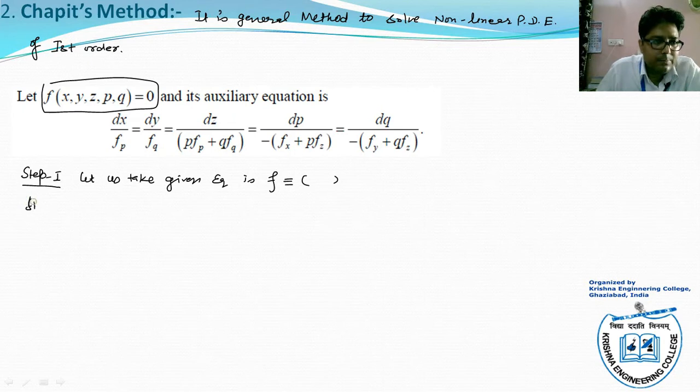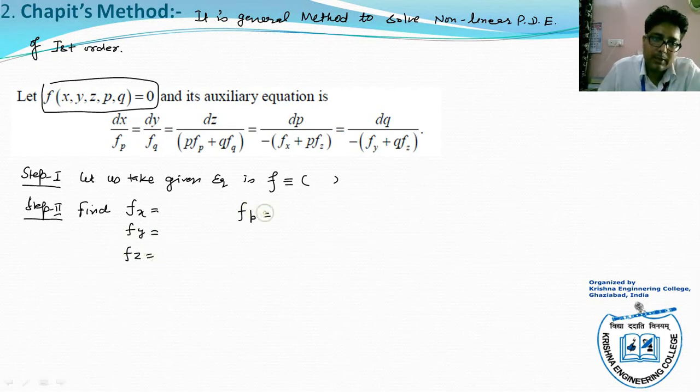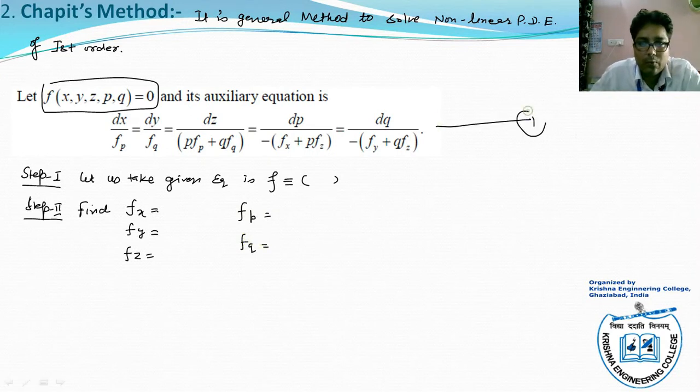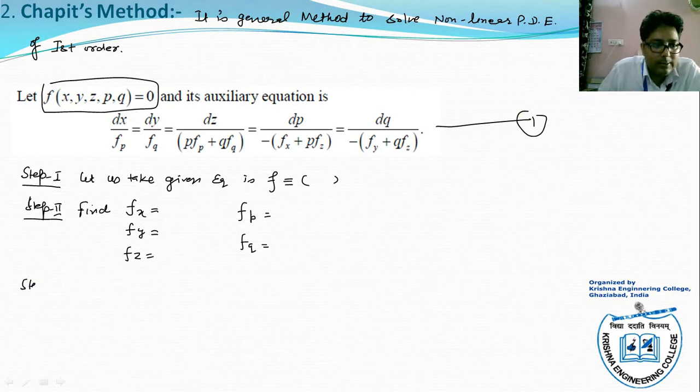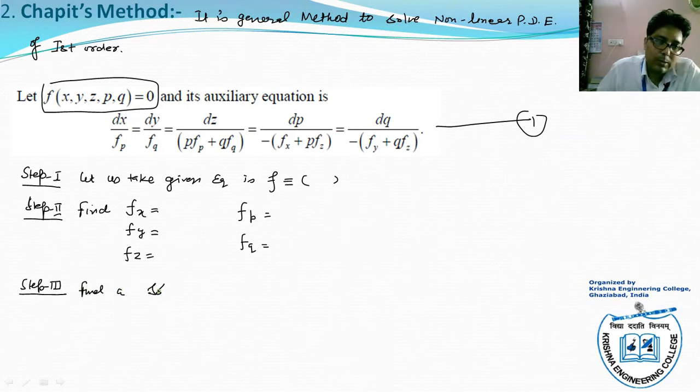Step second, find fx, fy, fz, fp and fq. Step third, put these values in the auxiliary equation and find a solution for p or q.